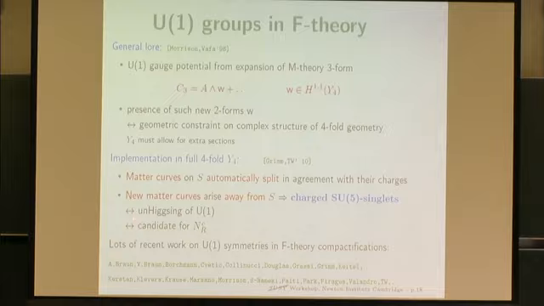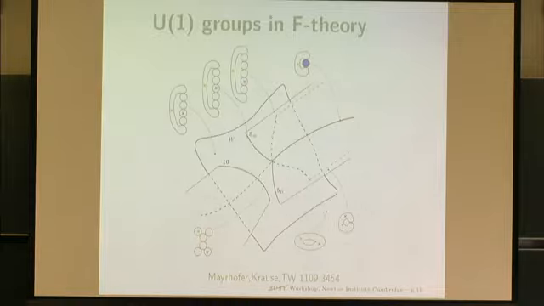On those extra matter curves, we have extra massless states, so we can view this as an unhiggsing of the U1, and those extra massless states would then also be a candidate for right-handed neutrinos. And a lot of recent work has been devoted to understanding this in much more complicated scenarios and in great detail. Here's again our picture. So now we see that in addition to the matter on the GUT brane, we have an extra curve that goes away from the GUT brane. This is what this should show.